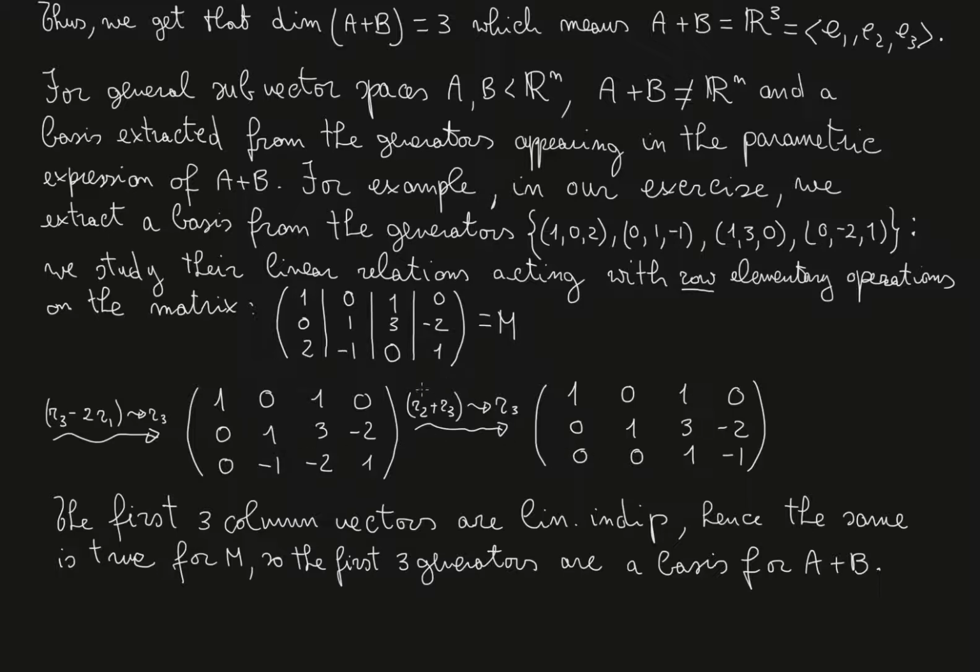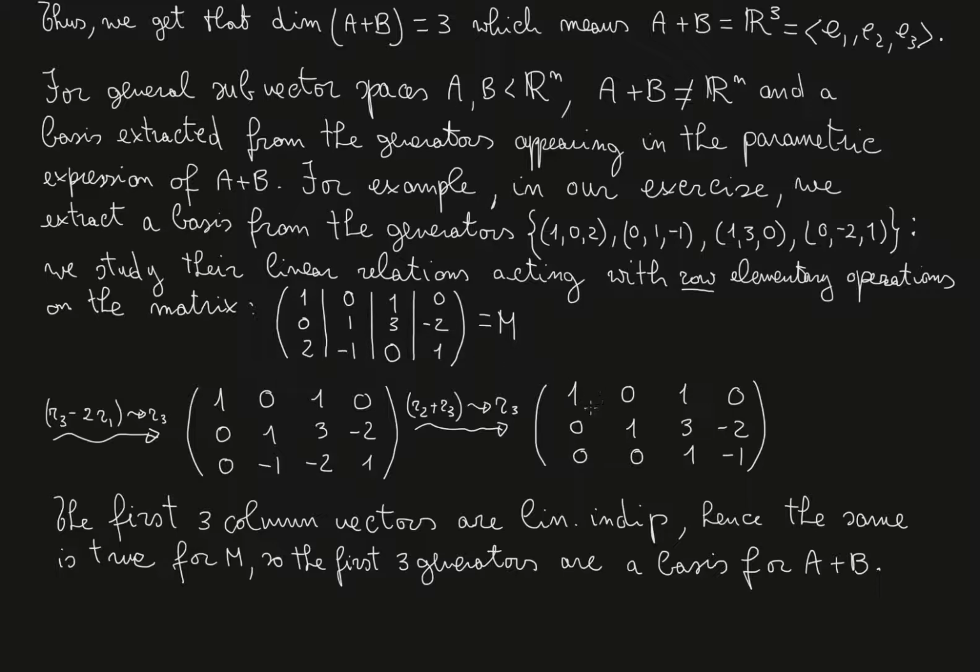With this elementary operation, we will be getting this matrix. Now, from general theory of row elementary operations, we know that the rank of this matrix is exactly the rank of the initial matrix M. Not only this, but also that all the linear relations of the column vectors are respected.